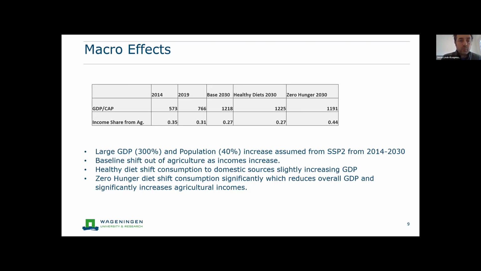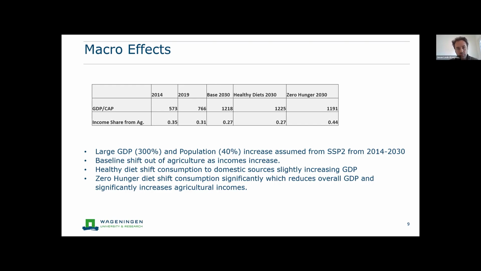So what are the consequences of this? Well, first, it's important to see that this baseline assumes an incredibly large growth in GDP and population for Ethiopia. GDP triples according to the SSP2 scenario projections from 2014 to 2030.